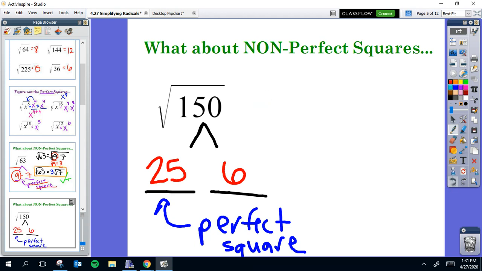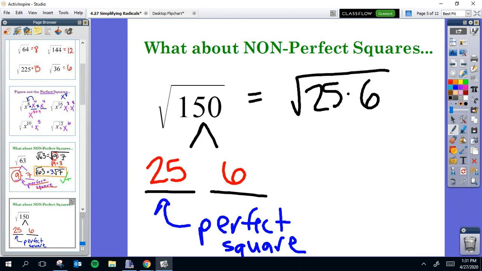So I can rewrite this. Instead of the square root of 150, I can rewrite it as the square root of 25 times 6. I'm going to circle the square root of 25 because I know I can get a whole number from it. The square root of 25 equals 5. So that's what I'm going to pull out outside of this radical. It no longer needs to be under this thing anymore.